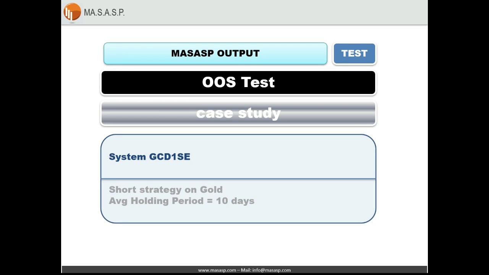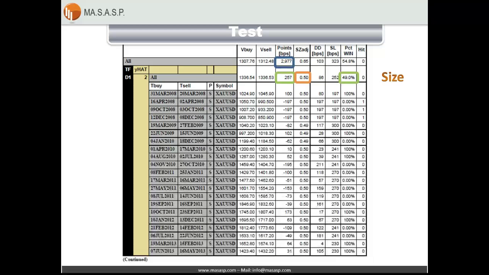Let's see a real-life example regarding the short strategy of gold. Here is the outcome of the test component. That provides a basic track record that entails the details of each trade.